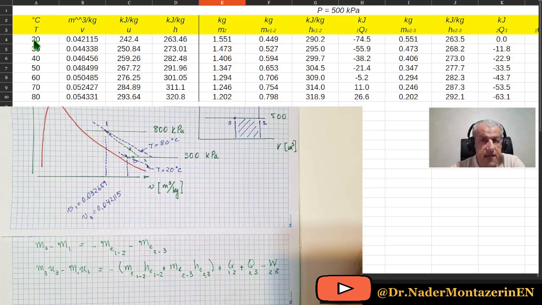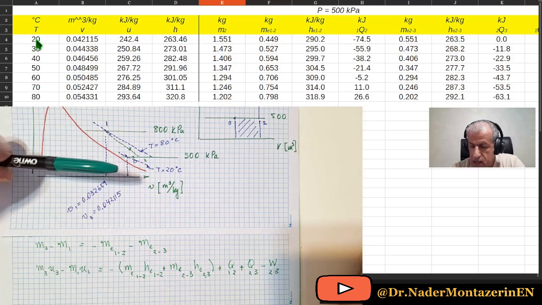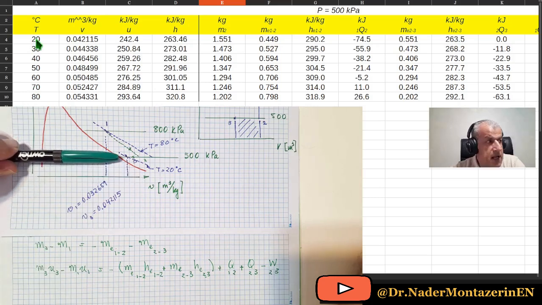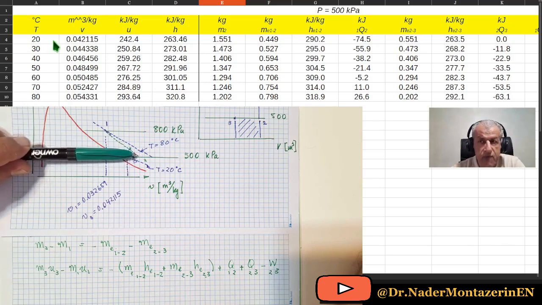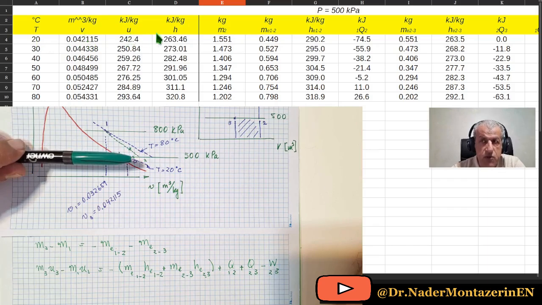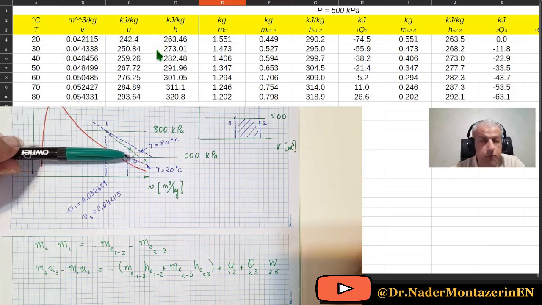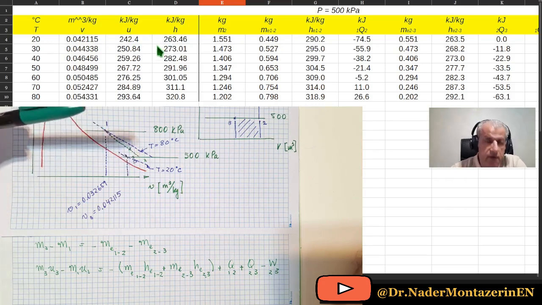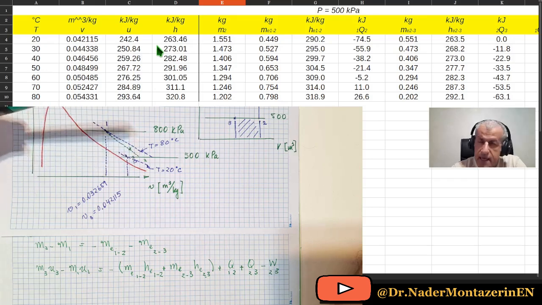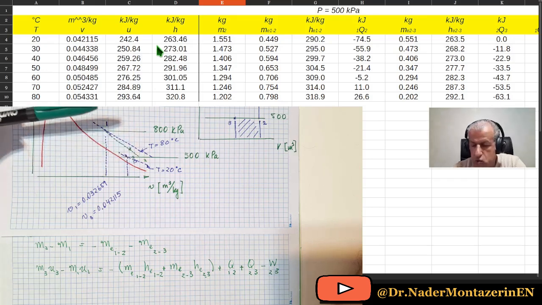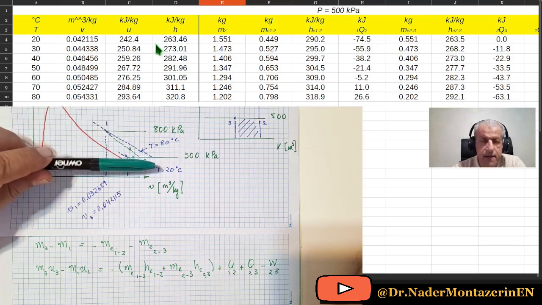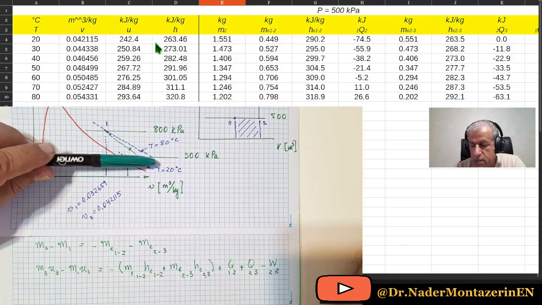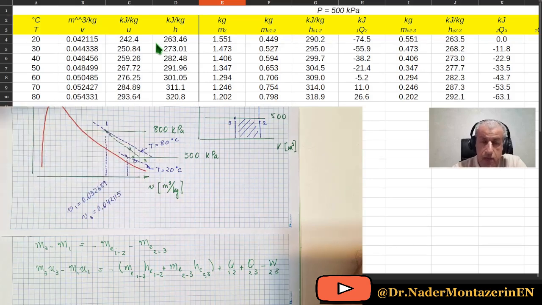This means that I have selected the line to be 500 kilopascal, and then I have selected different points on this line, and I have read all values for V, specific volume, U, and H for these points. And point 2 has to be among one of them, if we don't decide to do anything unusual, like heating it between these 2 points and then cooling it.